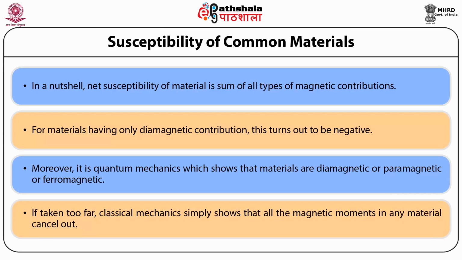Now coming back to the diagram, here A and B represent the magnetic field lines for a para and a ferromagnetic material. It shows that the response of the material adds to the external magnetic field due to a positive magnetic susceptibility.